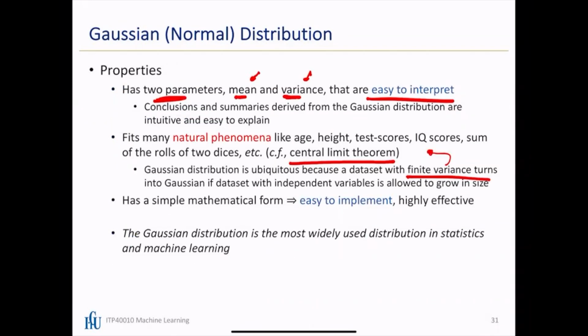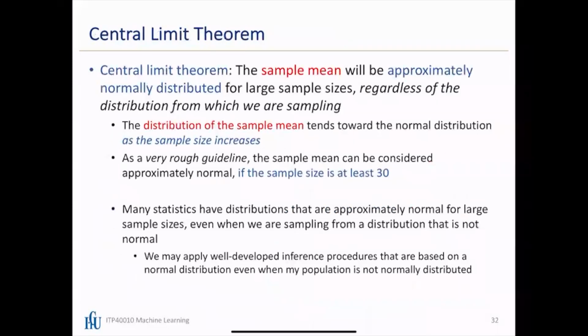Arguably, Gaussian distribution is most widely used in statistics and machine learning. So it is important. And at the same time, let's try to explain why this is used so much in our real life, and why many natural events converge into Gaussian distribution.